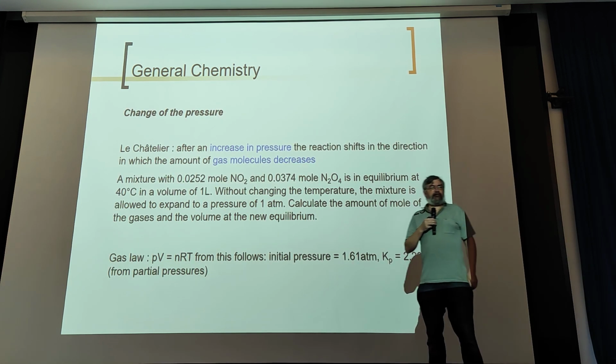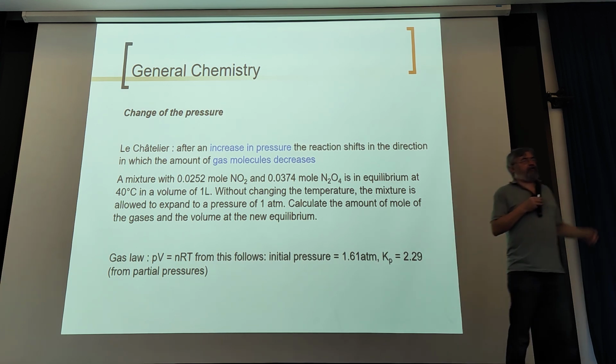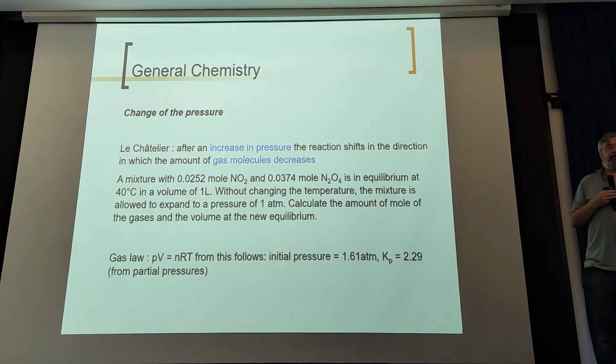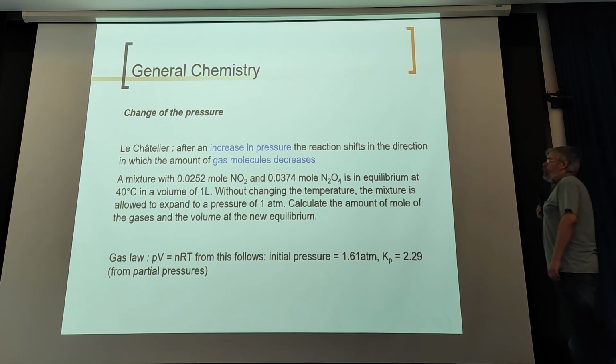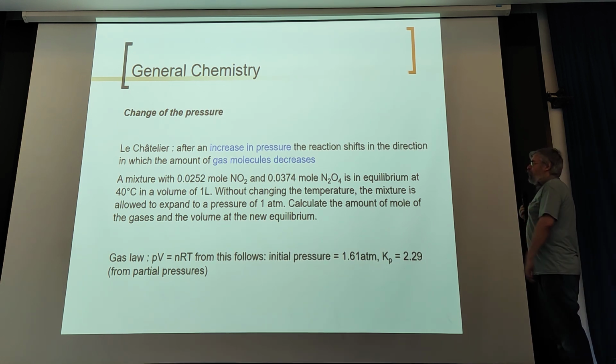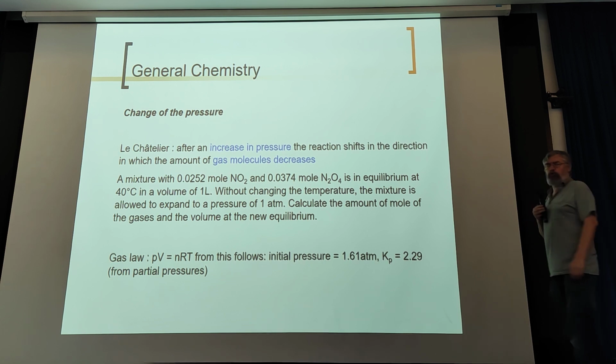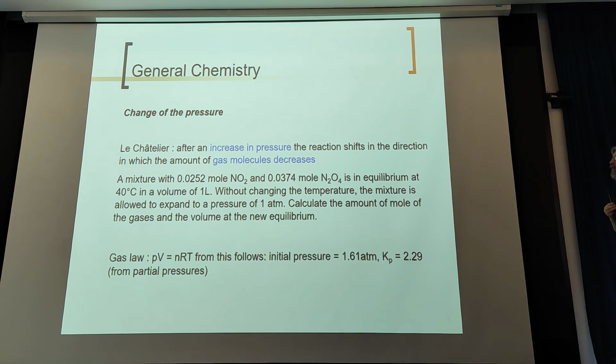What about change of pressure? Well, we already treated that: we move in the direction where there are fewer gas molecules when we increase the pressure. Here we have an example with again NO2 and N2O4.